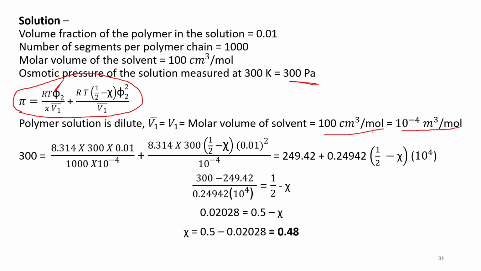So here we put 300 as the osmotic pressure, which is given in the question, and then 8.314, which is R, into T, which is the temperature 300 Kelvin, multiplied by phi 2, the volume fraction of the polymer in the solution, as 0.01, then divided by 1000, the segments in the polymeric chain, multiplied by 10 to the power minus 4, the molar volume, plus RT, which is 8.314 multiplied by 300, multiplied by half minus chi, multiplied by 0.01 square, divided by V1, which is 10 to the power minus 4.